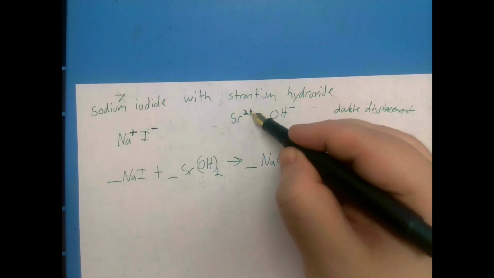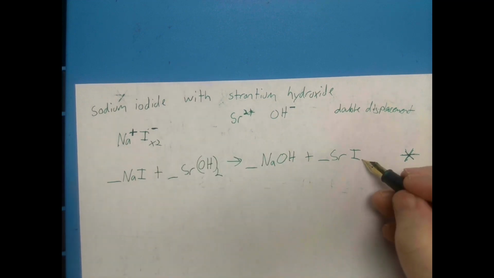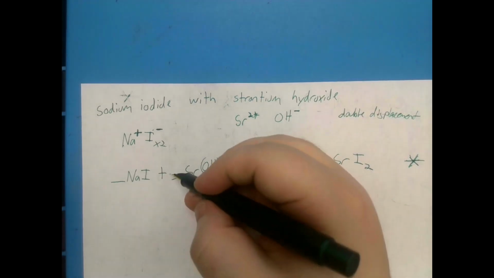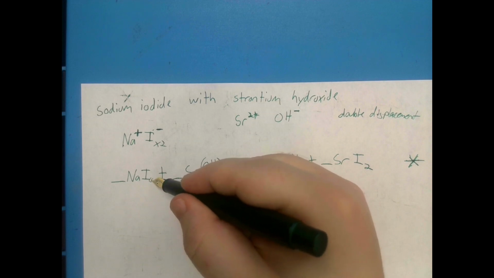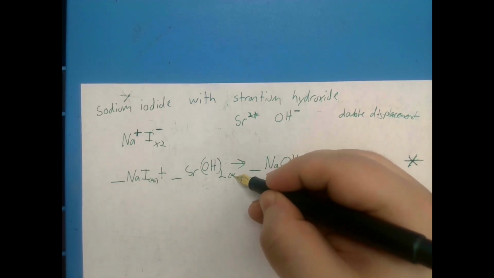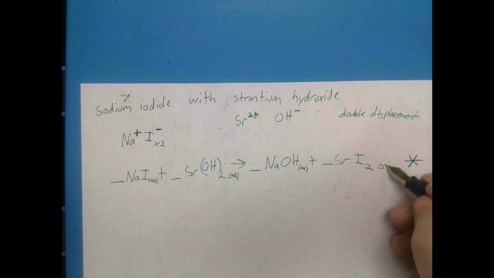Strontium is 2 plus. To counteract the charges, I need 2 of these. So make sure you put the 2 down here. This is aqueous. We'll learn about this after a while. This is aqueous. This is aqueous. And this is solid.